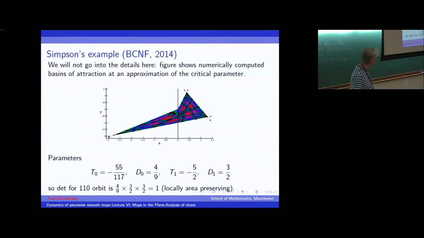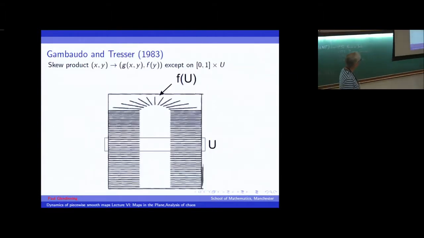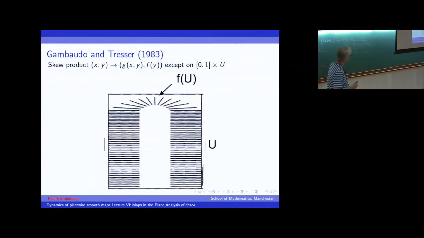They're all connected. An interesting point here is that Jean-Marc Gambaudo and Charles Tresser in 1983 had also constructed a piecewise smooth map without knowing that there was a theory of piecewise smooth maps.